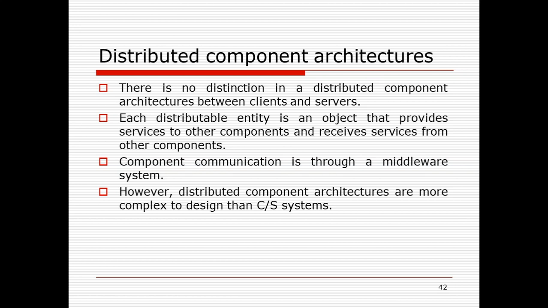Each distributed entity is an object that provides services to the other components and receives services from the other components. So each object in a distributed architecture is a component of the same capacity which interacts with one another.